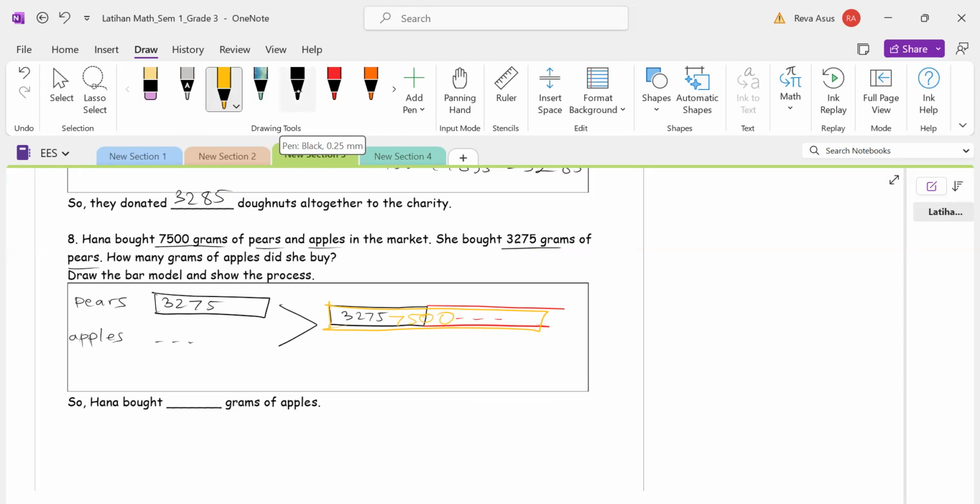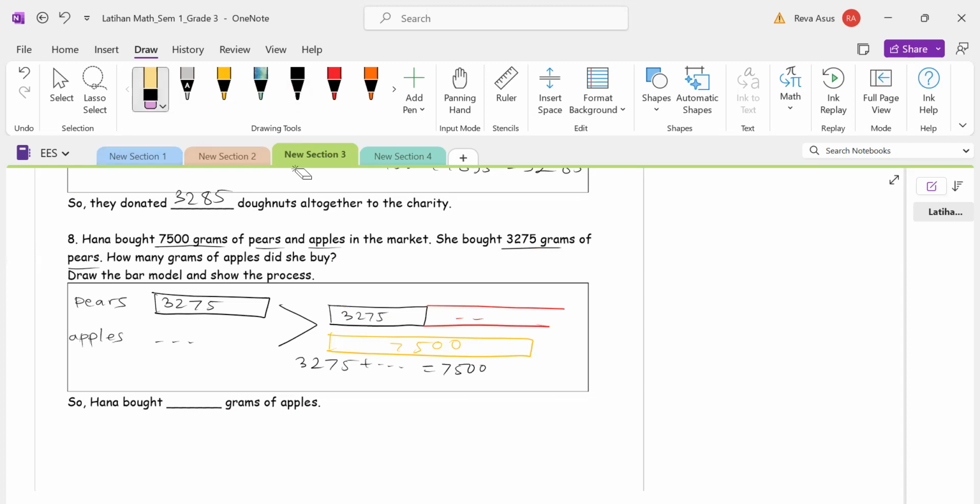So if we put it down, the yellow bar is going to be like this. It is 7,500. So the logic is 3,275. We need to plus by what? So it can be 7,500. So 3,275 plus what is 7,500? It means we can subtract.